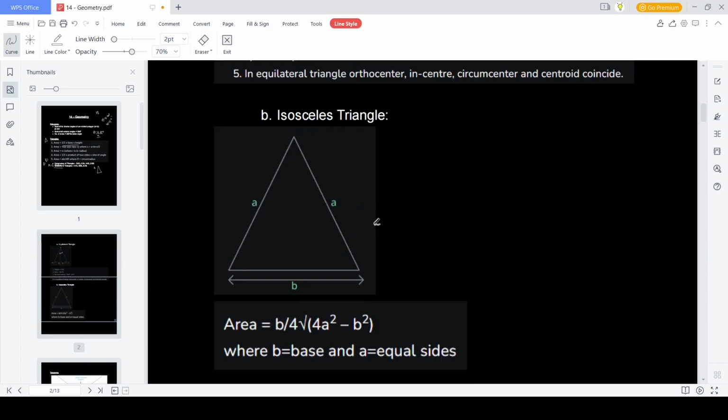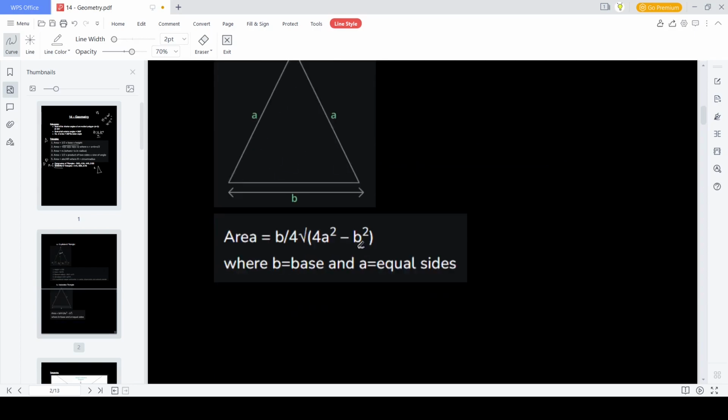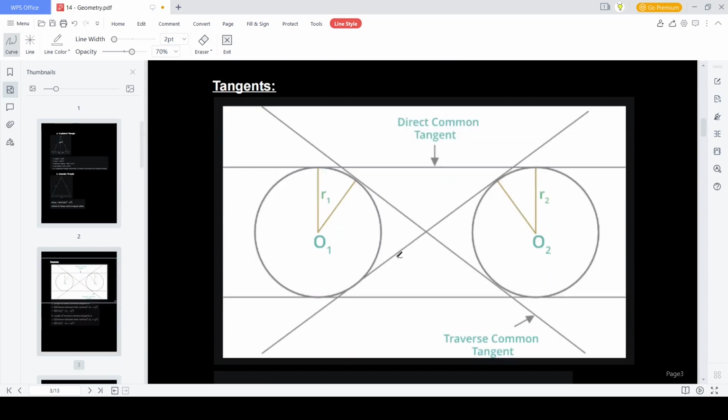An isosceles triangle is when two sides are equal, and one side is not equal to the third side. We can find the area in other ways, this is not required. So in circles, basically there is something called a tangent and a secant.